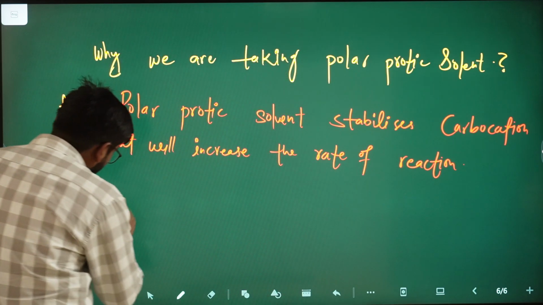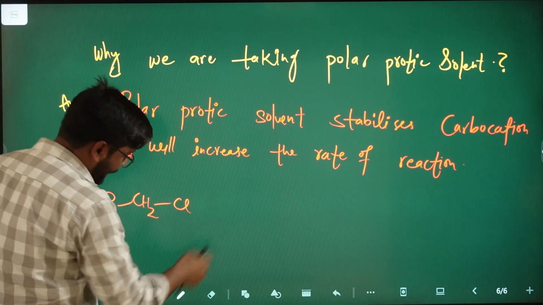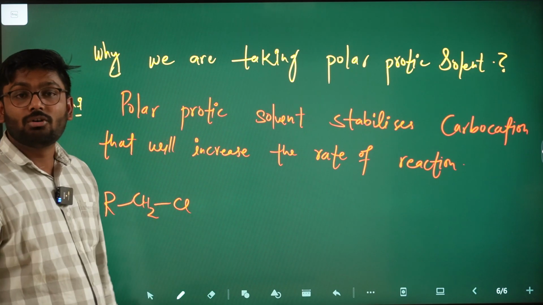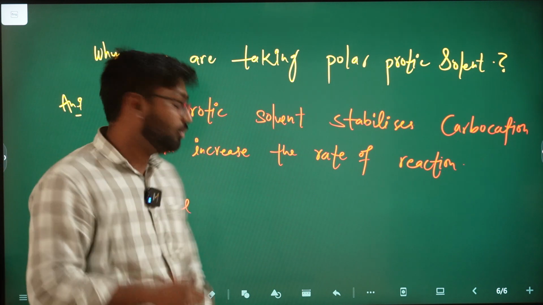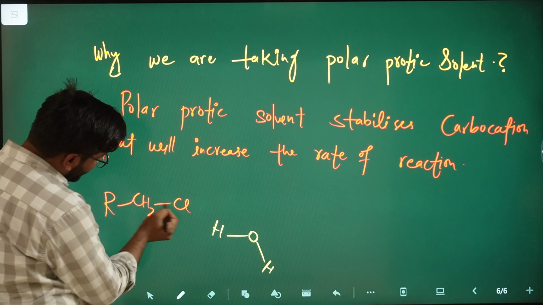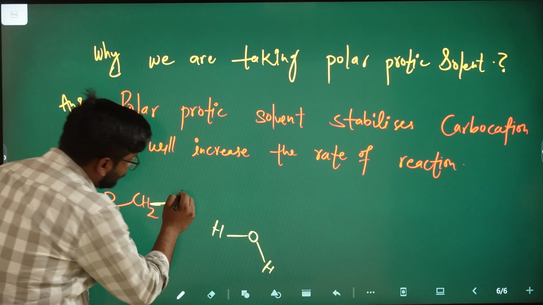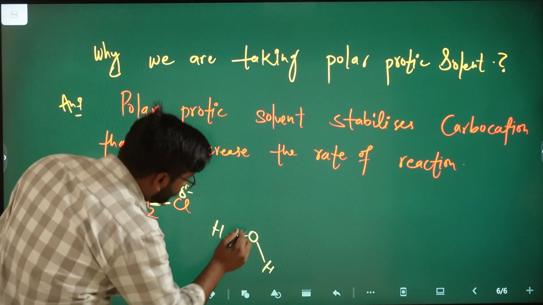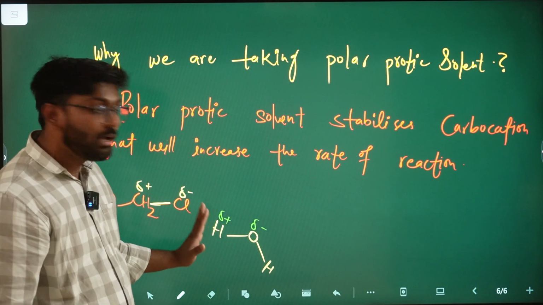How? Let's suppose an alkyl halide like a chloride. If chloride is not going outside, then a polar protic solvent, like H2O, helps. Due to this polar bond, because chlorine is more electronegative than carbon, here is delta negative, here delta positive, and oxygen is also delta negative and hydrogen delta positive, because oxygen is more electronegative than hydrogen.